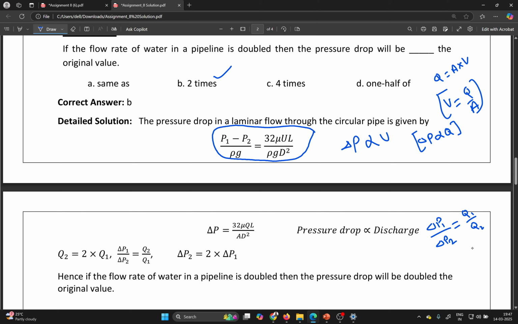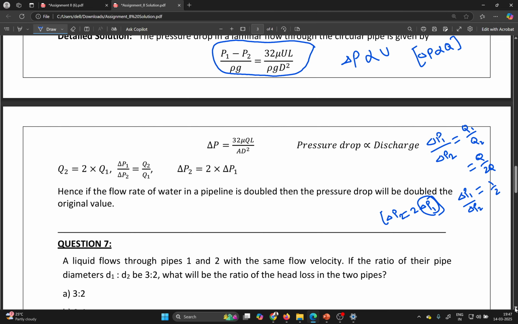So here it is Q and 2Q, meaning 1 by 2 for delta P1 to delta P2. From the original value, delta P2 will be 2 times your original value. Original means the initial one. So hope you got it.